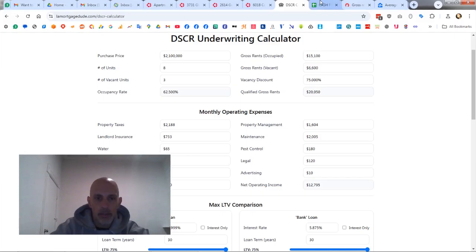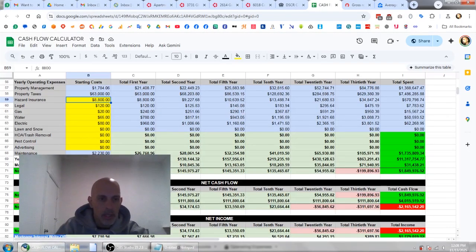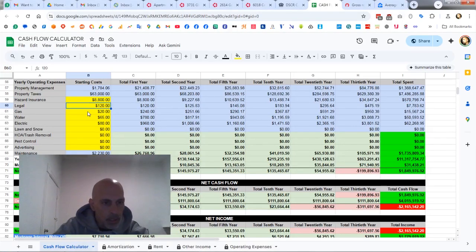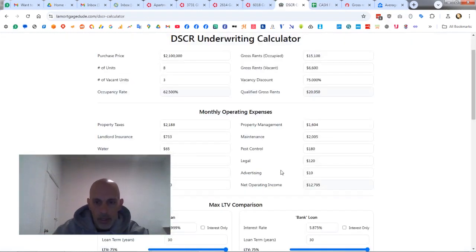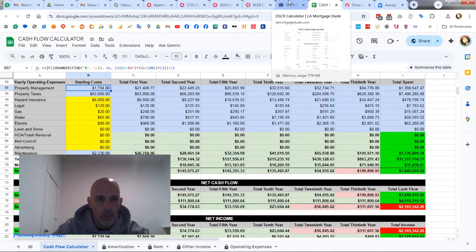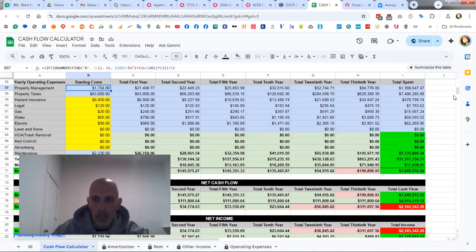Landlord insurance was $733 a month. So that's about $8,800 a year. 733 times 8. Whoops. 733 times 12. 8,800. Legal, I left at $120 a month. Landlord insurance or property taxes at $1,784.06. No, that's property management. Property management was at $1,604.